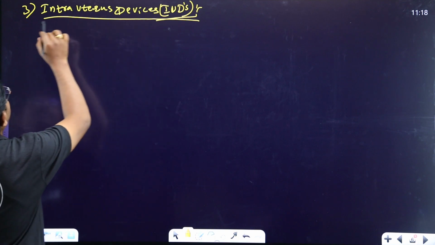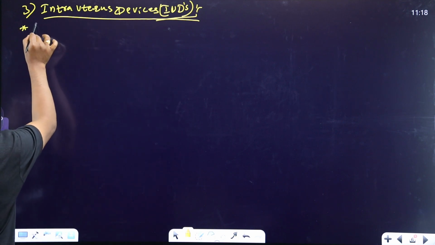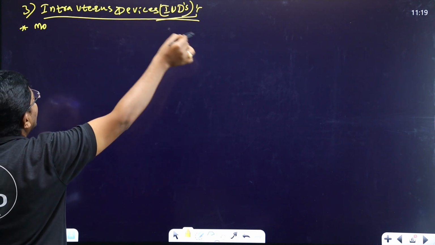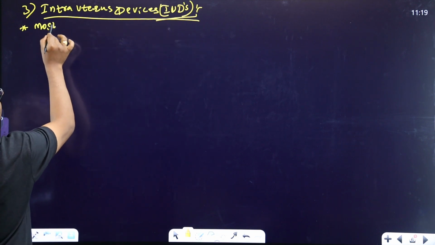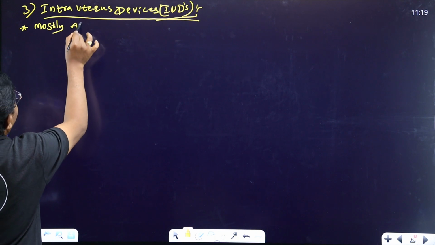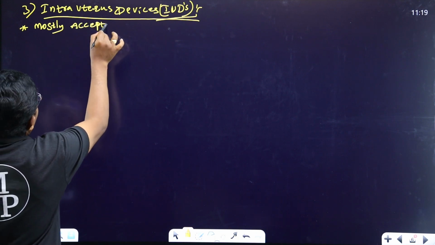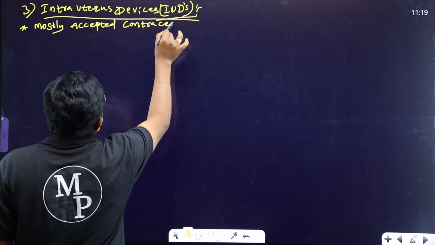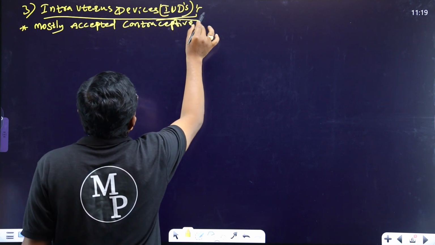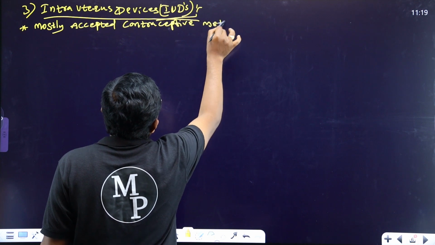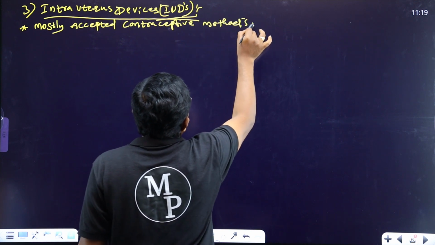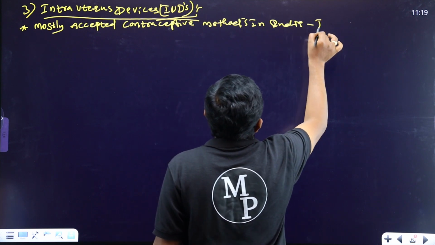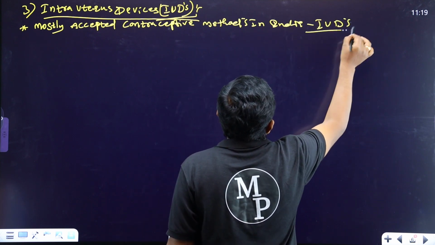IUDs are the mostly accepted contraceptive methods in India.